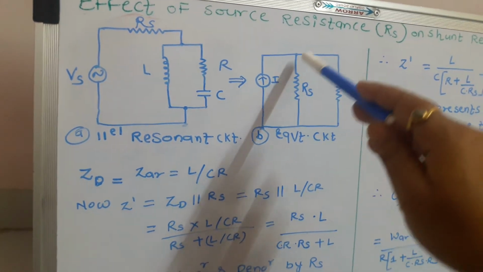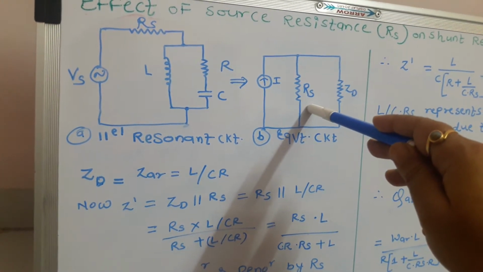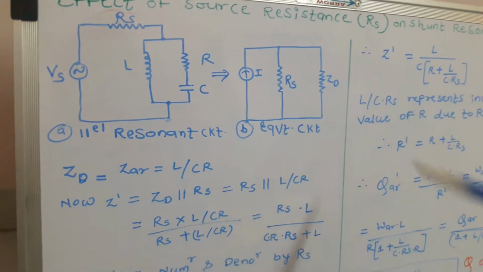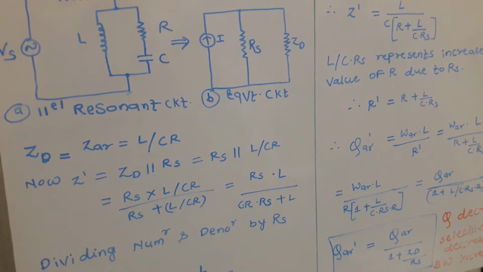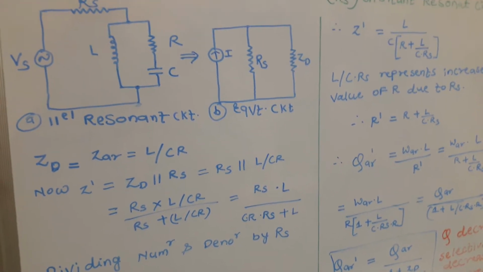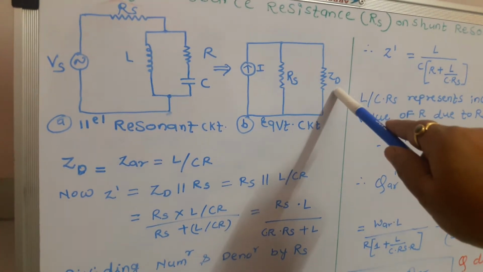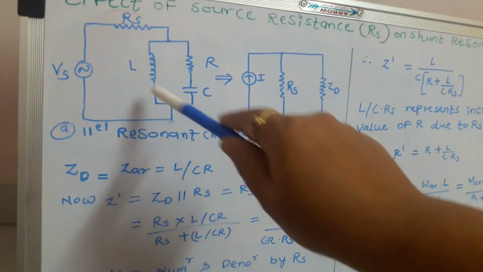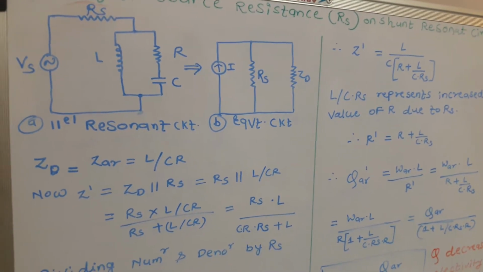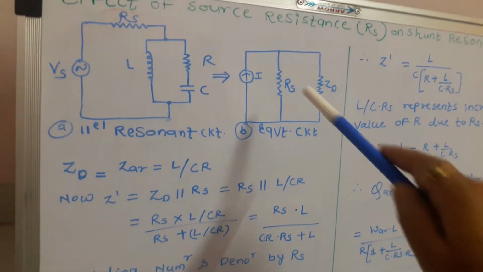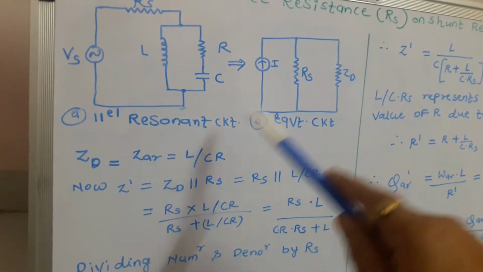So the current source is in parallel with the source resistance Rs, and this represents the equivalent impedance of the parallel resonant circuit, that is ZD or dynamic impedance. This represents the entire impedance of this parallel resonant circuit. Now let us see the effect of this source resistance on the entire circuit.